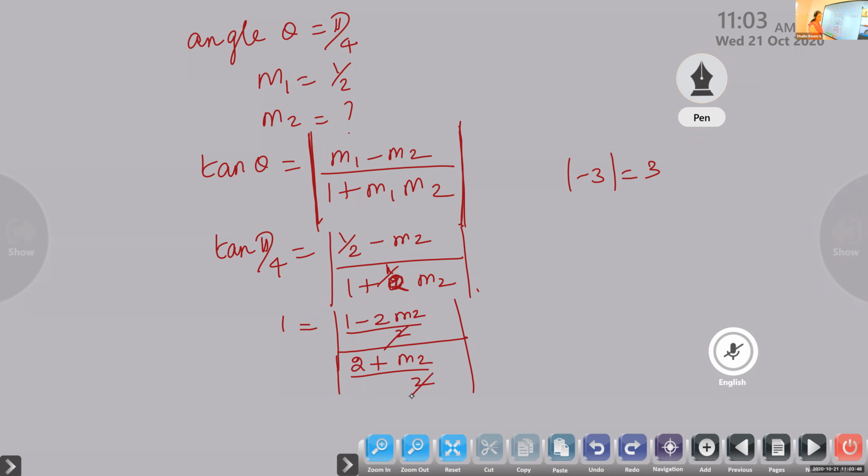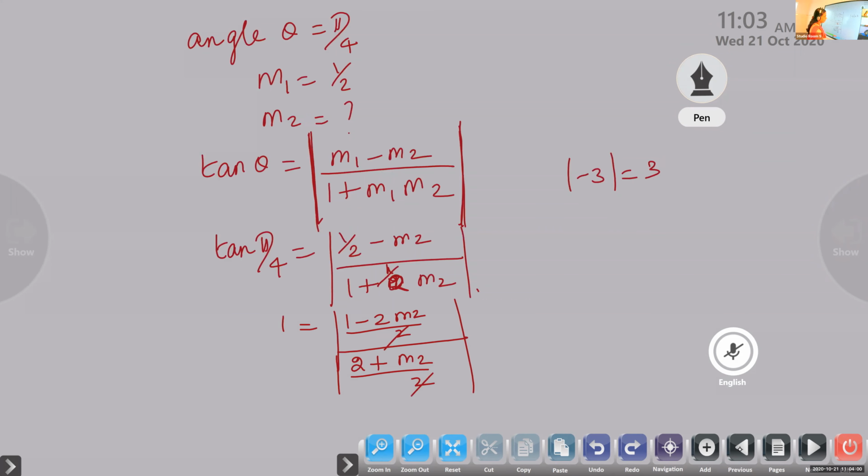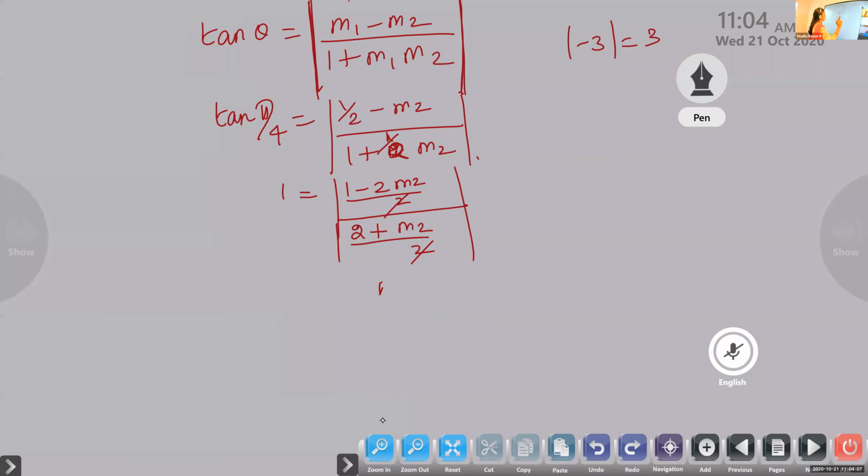So 2 will get cancelled. Take this as 1 minus 2 M2 by 2 plus M2. So next step, listen children. 1 is equal to modulus of 1 minus 2 M2 by 2 plus M2.